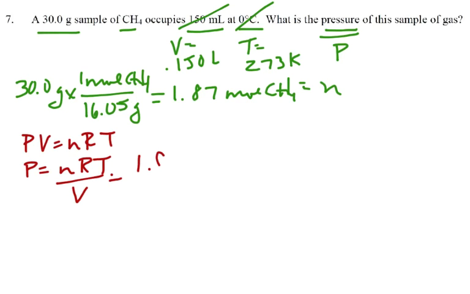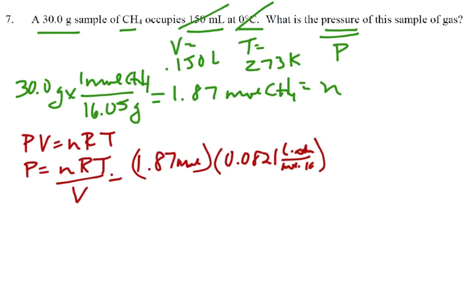Moles, 1.87 moles. Okay, the value R. The pressure, again, doesn't state what unit. So if we use 0.0821 liters atmospheres per mole Kelvin, then our answer will be in atmospheres.